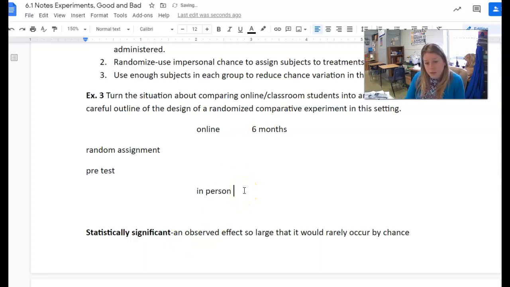They both wait 6 months. And then they come back together and we do a post-test. So randomly assigned 2 groups, an online group and an in-person group. So this kind of identifies the treatment also. How much time they spent there, and then at the end we did a post-test and we compared scores.